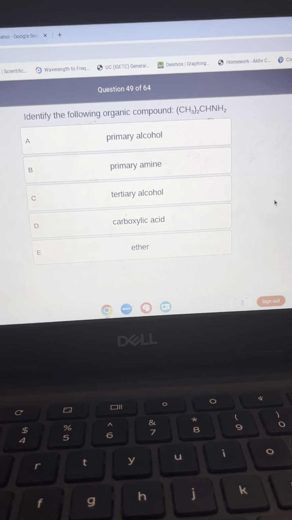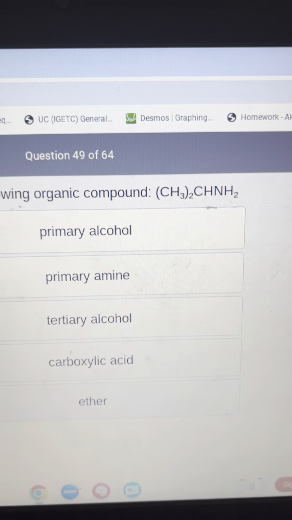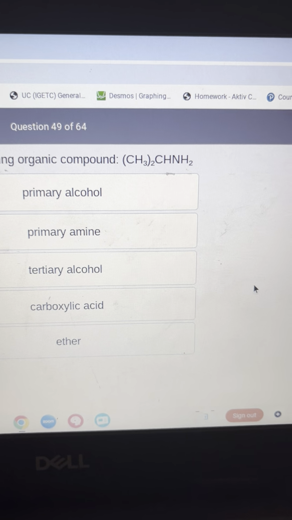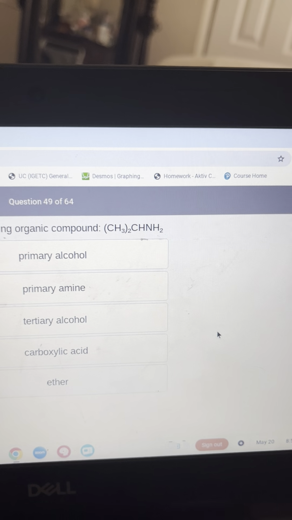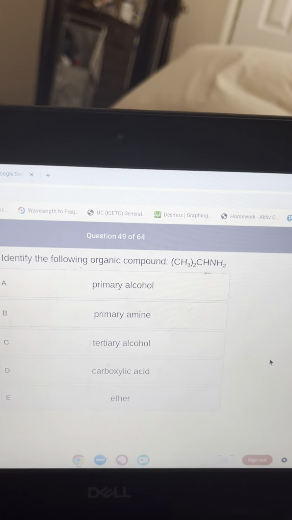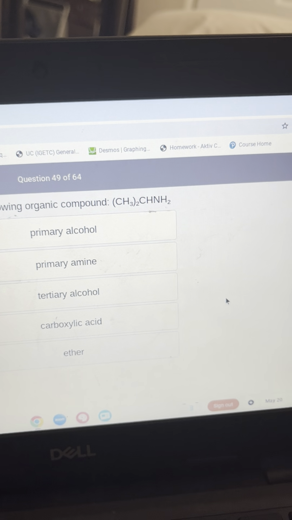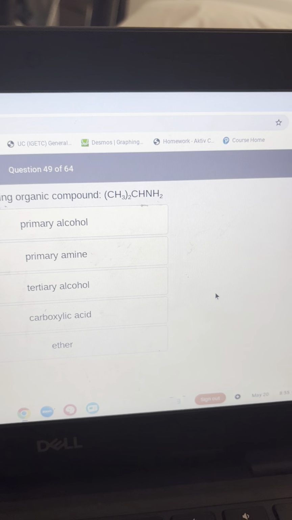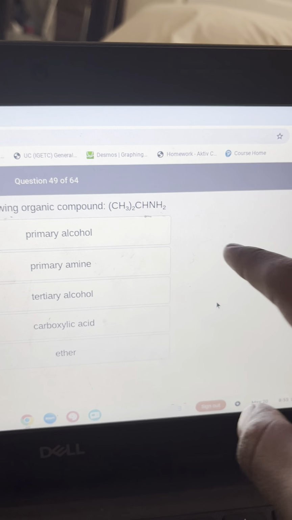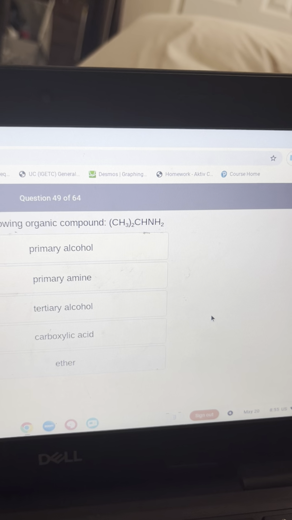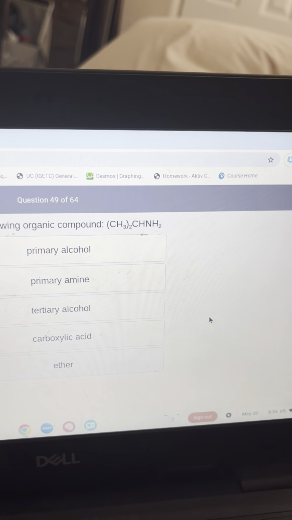So we're looking here. What is this? What are we looking at? You're always going to look for key elements when you're looking at an organic compound. Remember, ketones are just an O. Alcohols are an OH. Aldehydes are an O and an H. Carboxylic acids are an O and an OH.